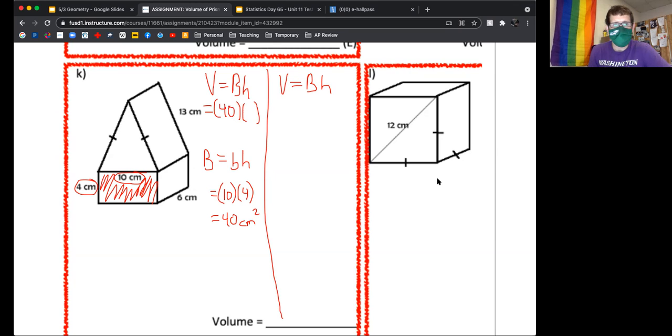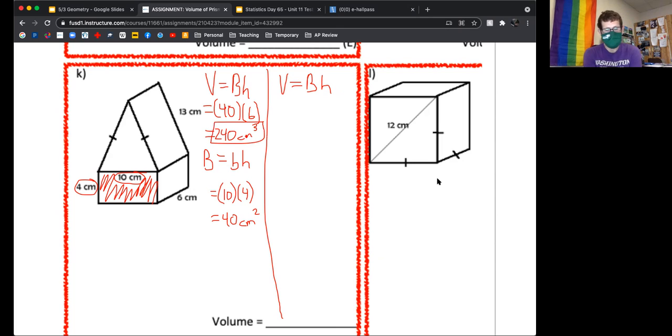Remember, if you took that base that we decided and put it flat on the ground, what length would be going up into the air? 6. So now we can just multiply that out. We get 240 centimeters cubed. So there's the volume of the rectangular prism.